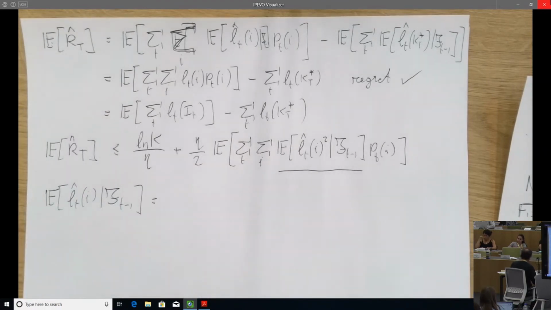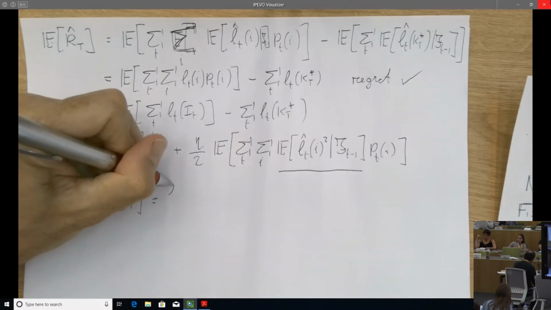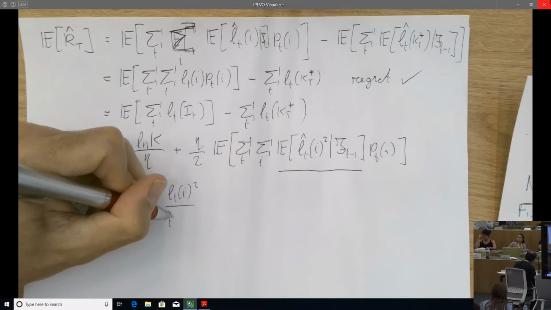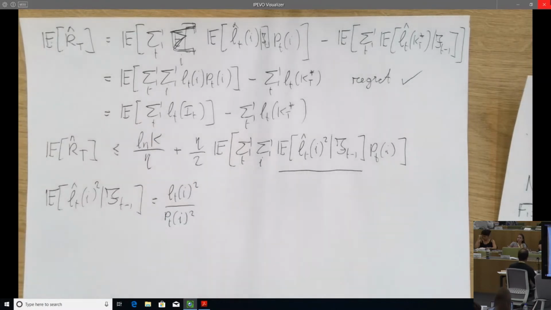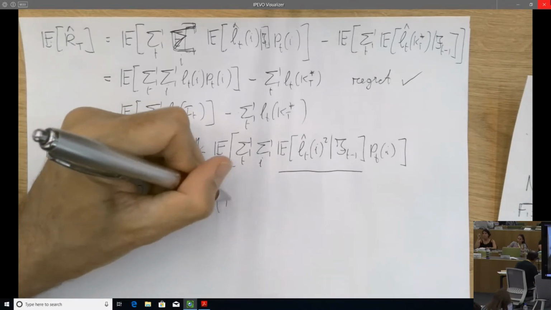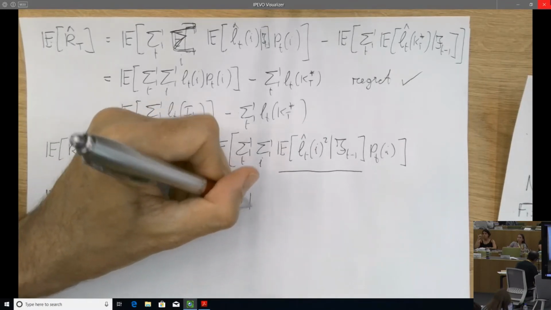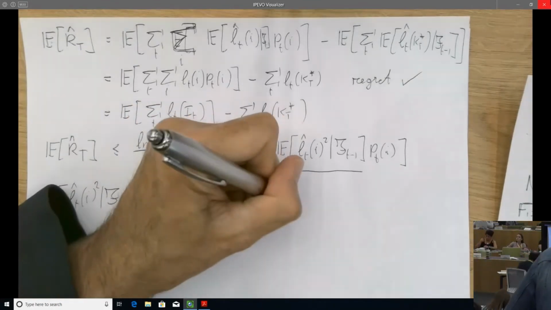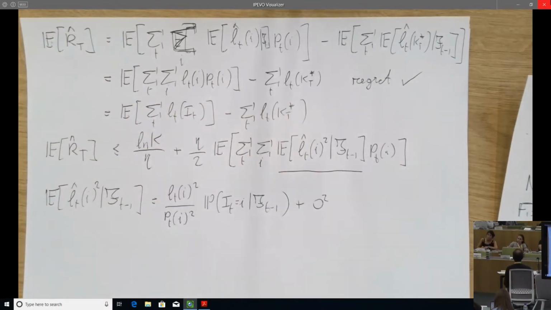Okay, this is going to be the square of what we wrote before. And then I have the probability that I_t equals i, conditioned on F_{t-1}.